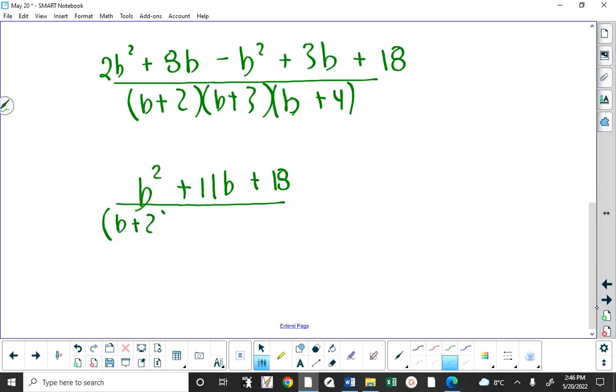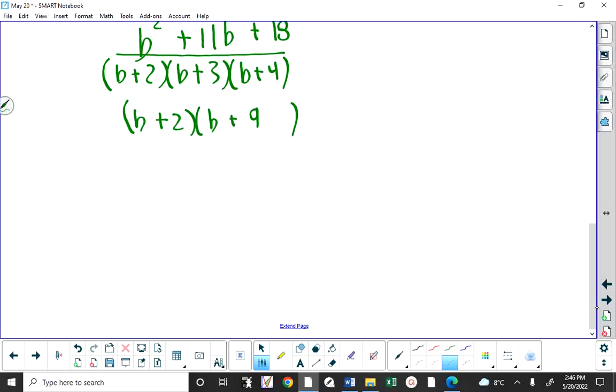We're almost there. The numerator factors because there are two numbers that multiply to give 18 and add to give 11. They are 2 and 9.